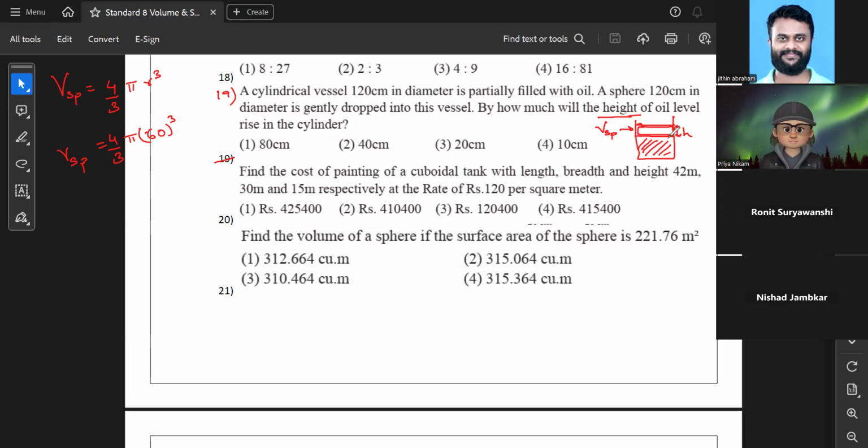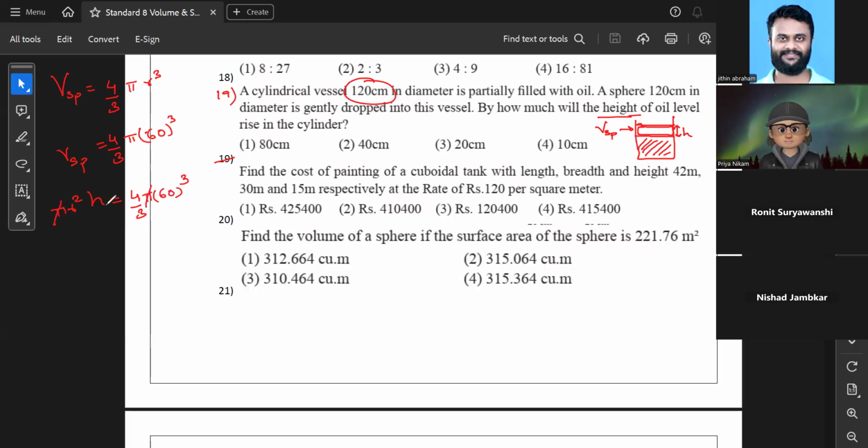So how will we find the volume of this section? It is area of base, which is nothing but pi r squared in this case, multiplied by height, is equal to 4/3 pi r cube. Now the diameter of the vessel is also 120, which means this radius is also 60.